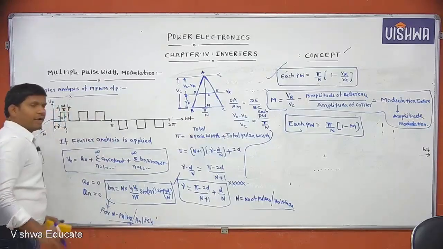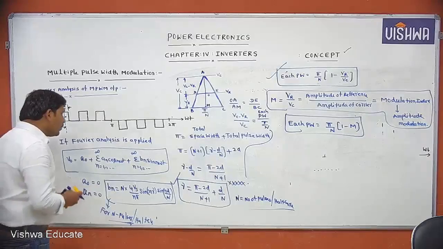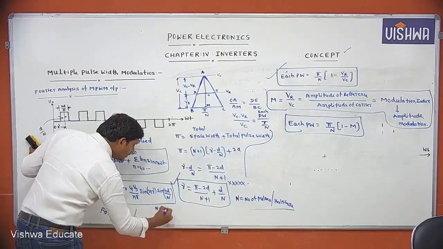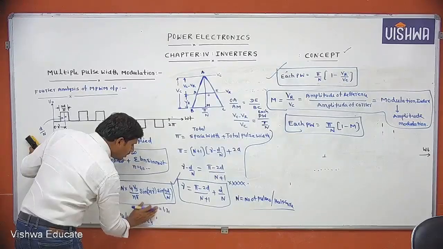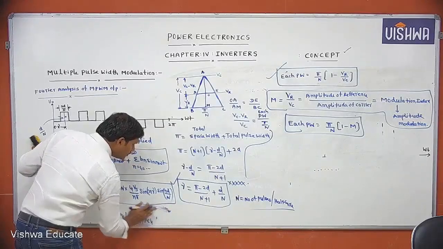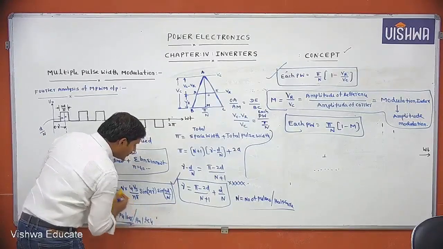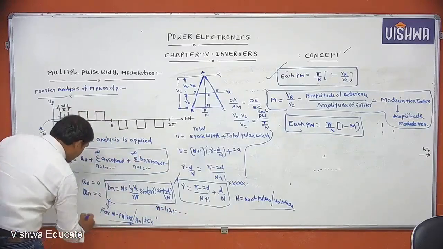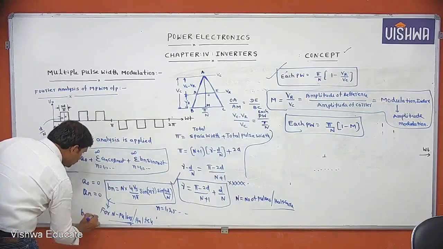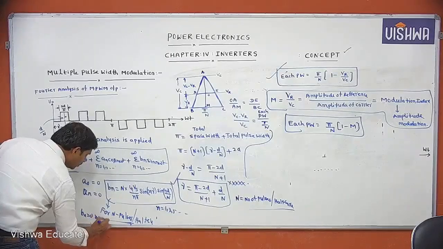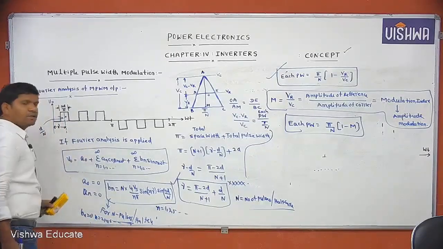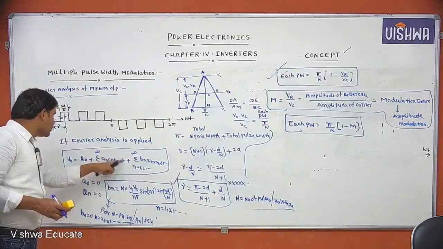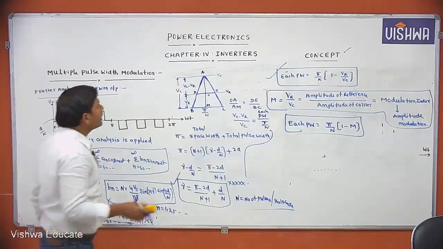It is defined for n equal to 1, 3, 5 and so on. Bn equals 0 for n equal to 2, 4, 6 and so on because of half wave symmetry. Now substitute the An and Bn values in this equation.